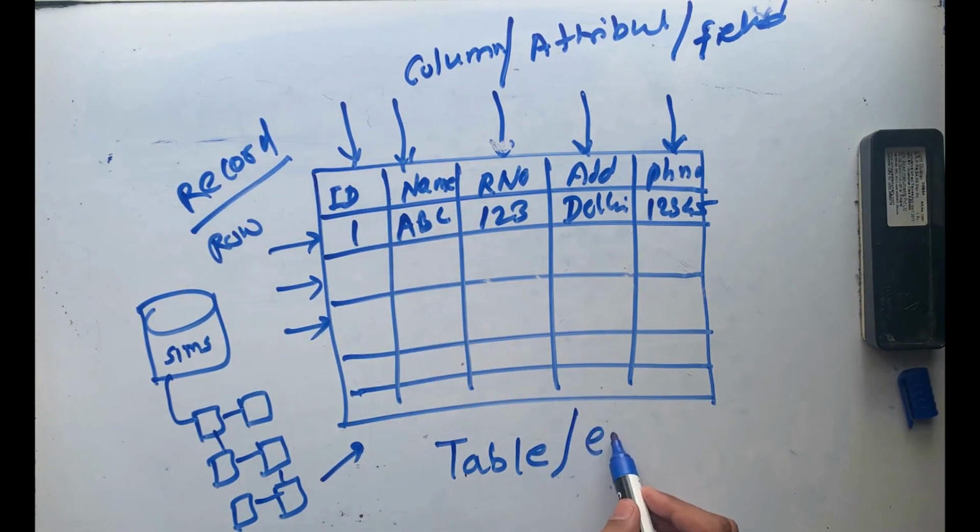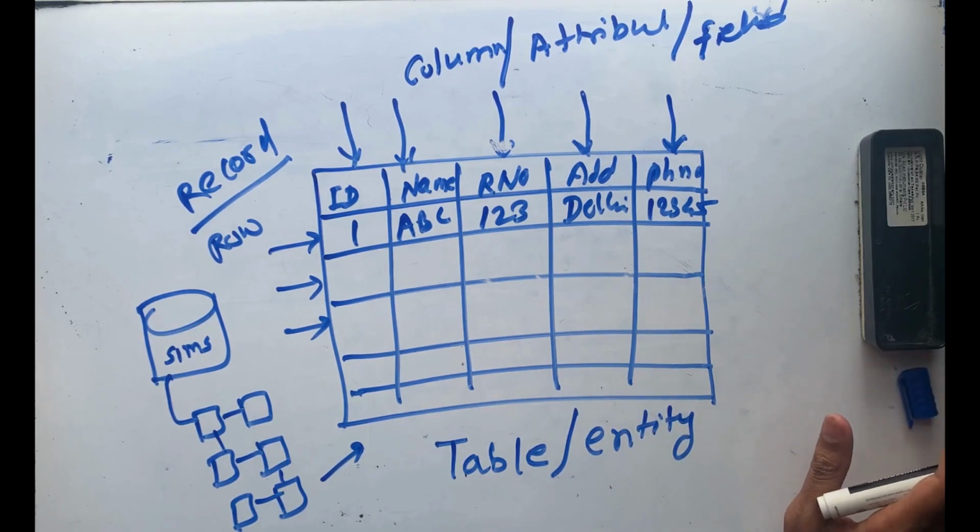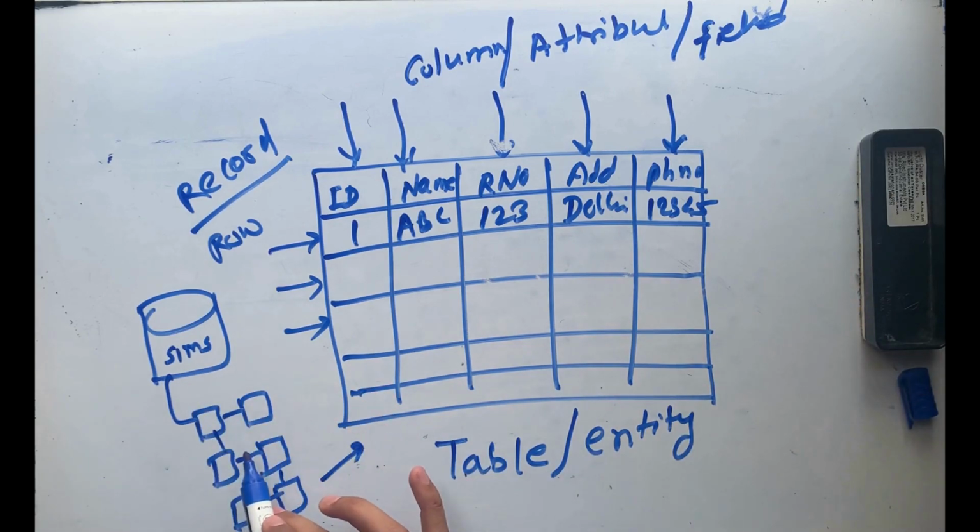This is the table or entity. A database has tables, and tables have rows and columns.